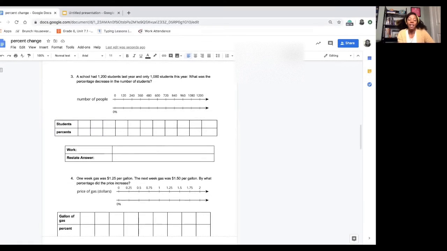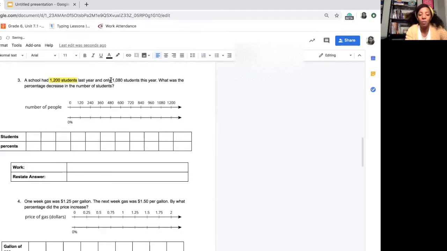Okay. A school had 1,200 students last year and only 1,080 students this year. What is the percentage decrease in the number of students? So again, we're going to highlight our quantities, which is 1,200 students and 1,080 students.